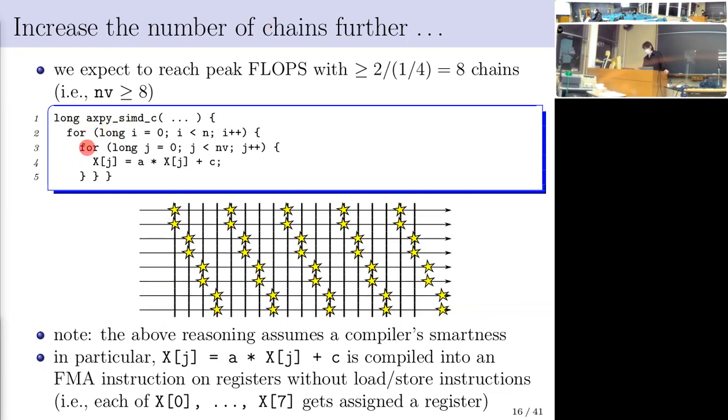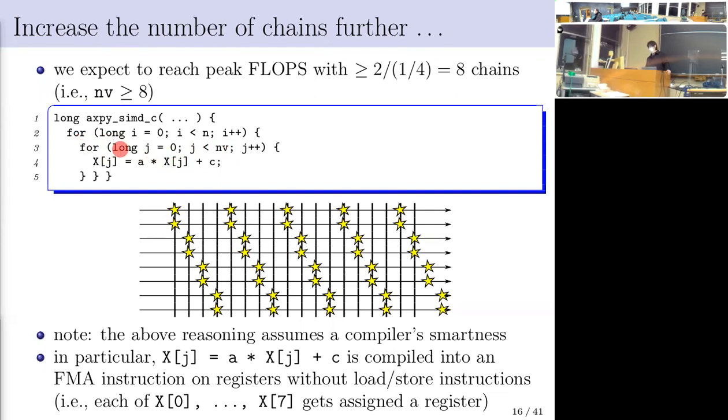I'm slightly changing how the code looks: instead of literally writing 8 separate statements, I'm writing the inner part of one iteration as a loop, updating this number of variables.